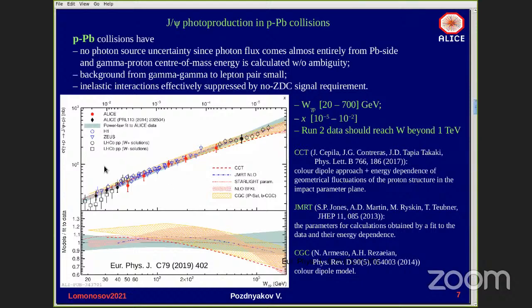So you see here the results of ALICE together with the other experiment here, and the LHCb experiment as well. So you see that the power law behavior quite nicely describes our results, and for these calculations, GMRT actually use the data for the fit.